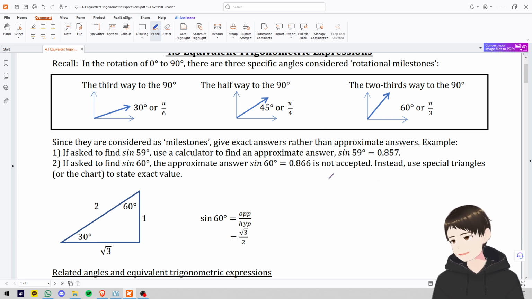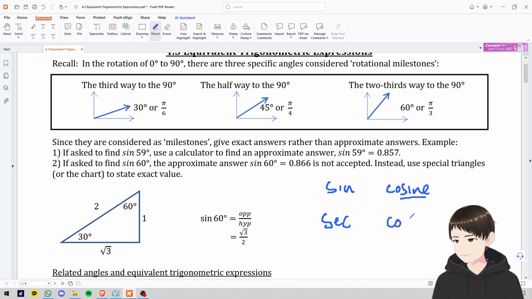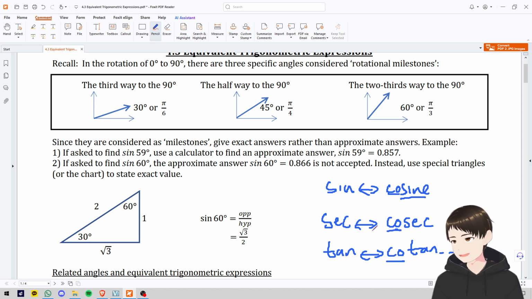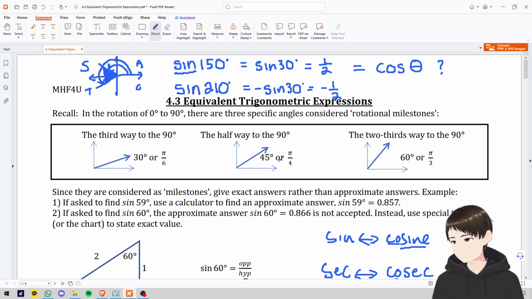Why do we have secant and cosecant? And why do we have tangent and then cotangent? There's actually a relationship between these, and that's why they sound very similar, except we stick a co in front, and that is covered today.